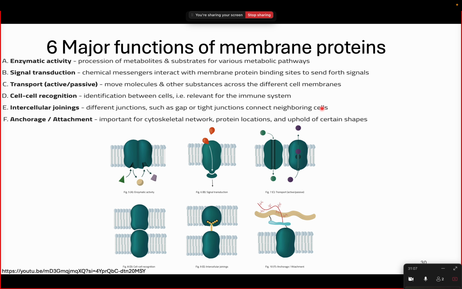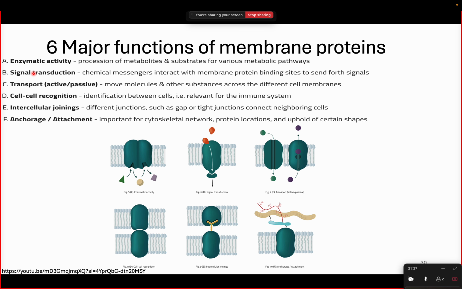The enzymatic activity will be performed by the proteins which have enzymatic activity and are membrane bound. Then signal transduction, then transport, then cell-cell recognition, then intracellular joinings and anchorage attachment. So till now we have seen one subset of such major function, which was transport. Now we are switching gears to another important function which membrane proteins perform, signal transduction.